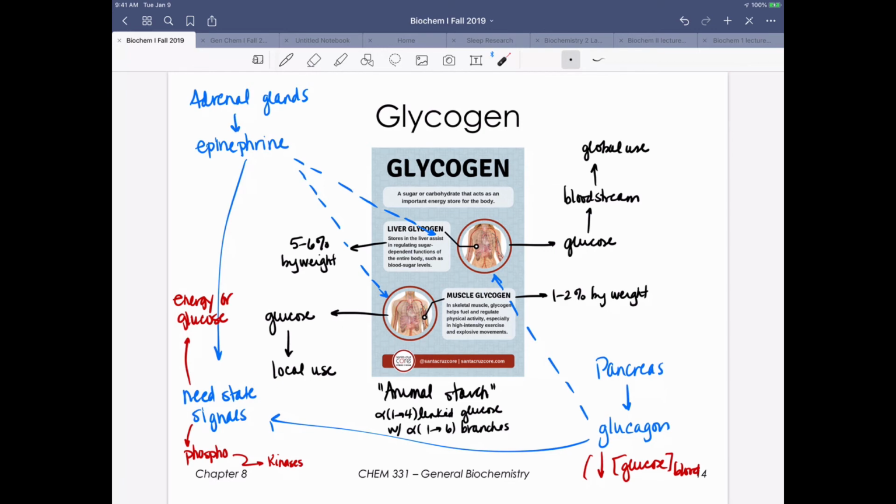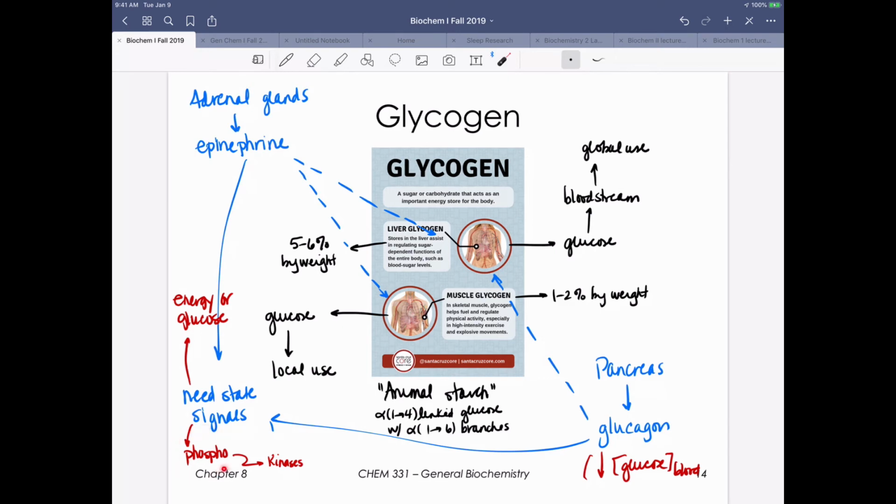So just a reminder, we want to be thinking about when we talk about some of these hormones, when we talk about some of these extracellular signals, what are they? Are they need state or fed state? And again, when we talk about need state, we're talking about the need for energy or the need for remedying a low blood sugar level or a high blood sugar level for that case. But in this case, this need state is a need for energy or glucose.